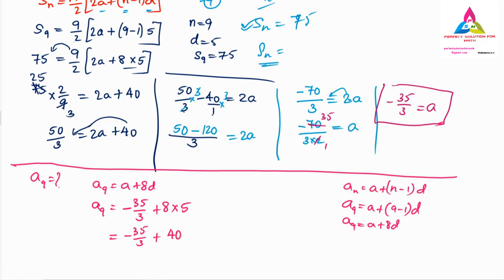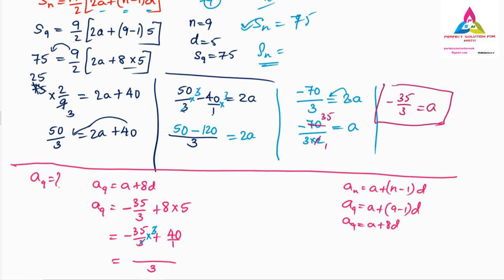So the next step is again simple. Here we have to divide by 1, so 40 by 1. Again we have to take the LCM as we did previously while finding the a value. So the LCM is 3. We will write down the 3 as LCM, and here we have to multiply by the LCM. Yes, here I have to multiply by 3. Remember, I am using a different color pen because you have to understand why I have taken that.